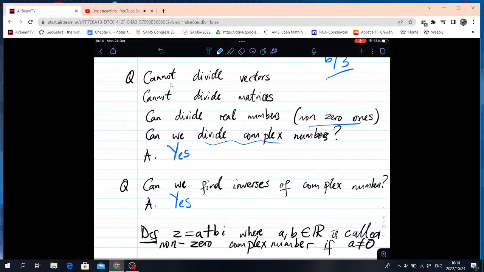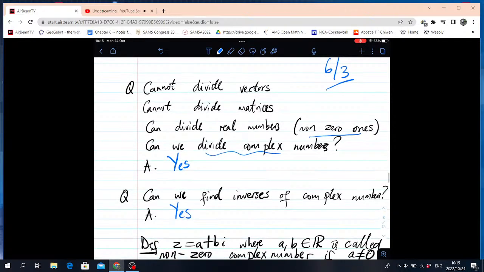Right, so now we want to find out how we write these inverses of complex numbers and see how we can divide complex numbers in the end. That's the main goal. Remember that when we are looking at real numbers, we want the denominator to be non-zero. That's the only way we can divide.